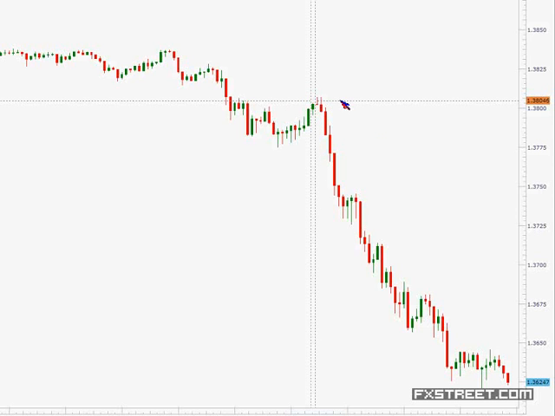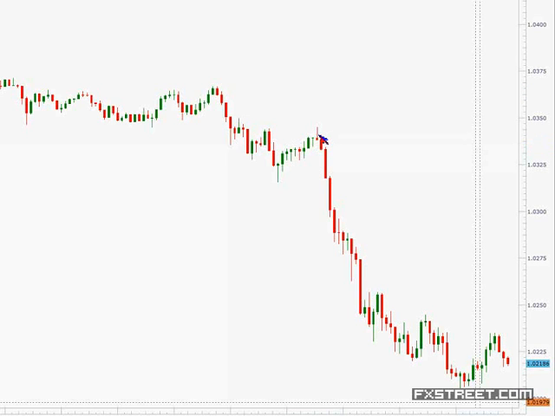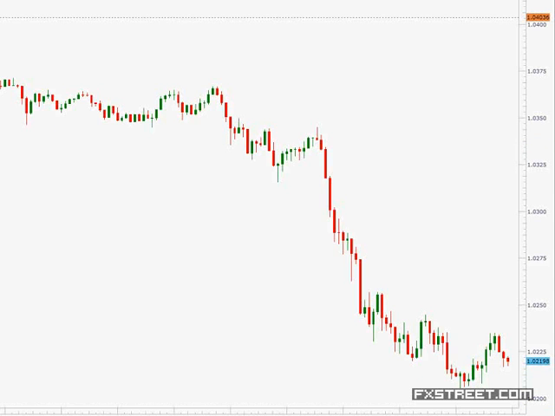3:50, 3:55 started dropping. Now, when I see a drop like that, I wouldn't be surprised if I move down to some of the other pairs, like Aussie right there. See that? I'm on the Aussie now, on the 5-minute. Right there, 3:50 started dropping together. More times than not, when you see a drop like that, you would see all the risk currencies, as we refer to them, Euro, Aussie, where's my Kiwi here?